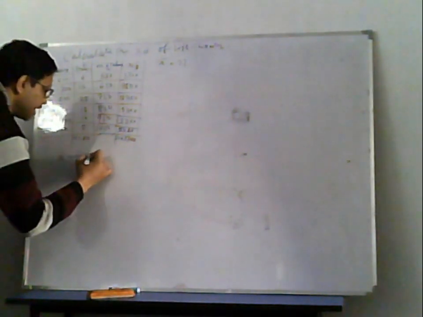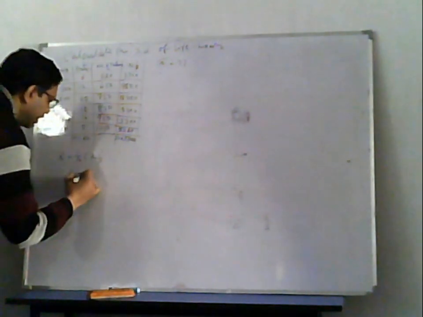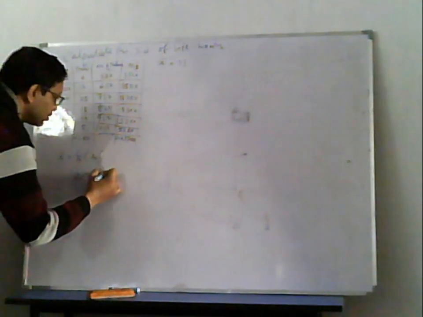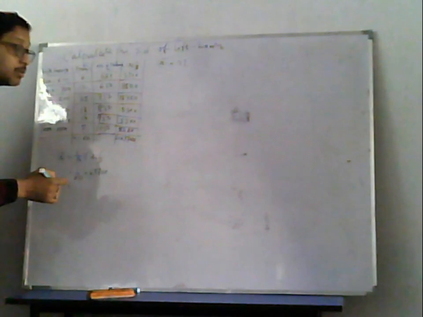X bar equal to 1 by n into sum over xi into fi. This is the formula for the mean. When you calculate anything, you just put the formula first. Okay. Then 1 by 80 into 63700. What will be the result? Divide.